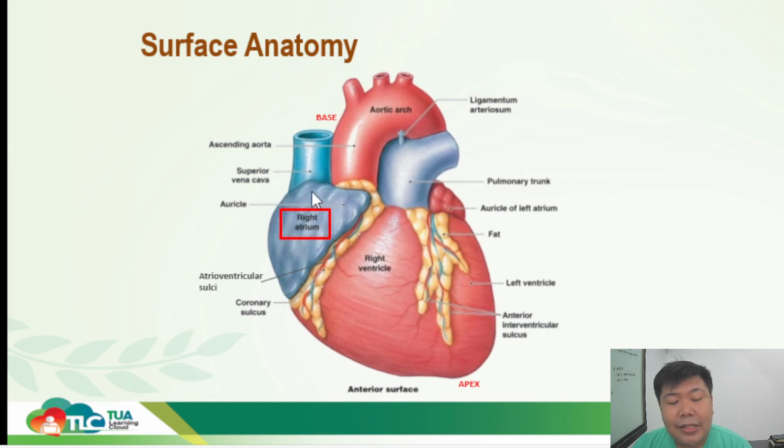So what's unique about the atrium is that they are reservoir or collecting chambers of blood. So it is the left and the right atrium that receives blood, all the time. But the type of blood they receive are different from each other. So the right atrium, the blood comes from your superior vena cava. Okay?